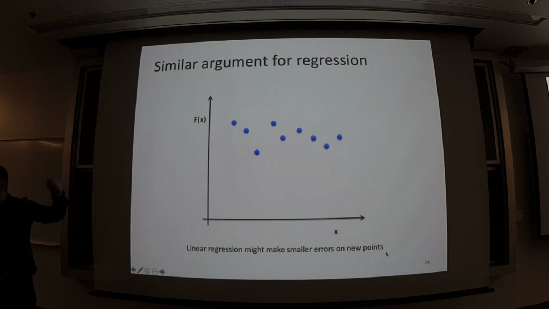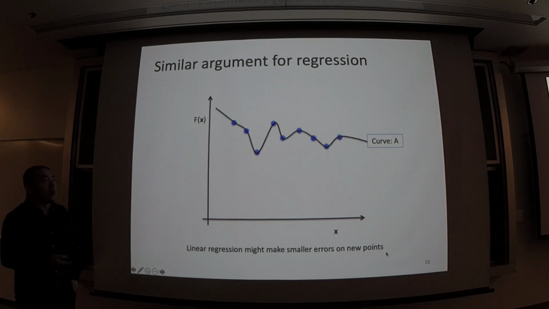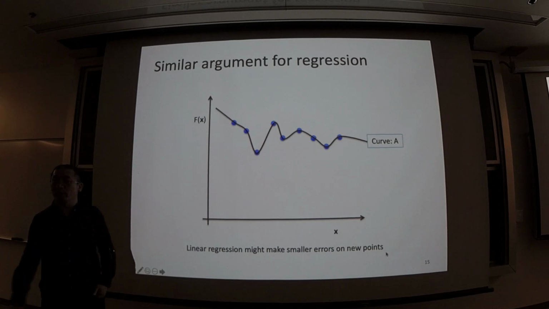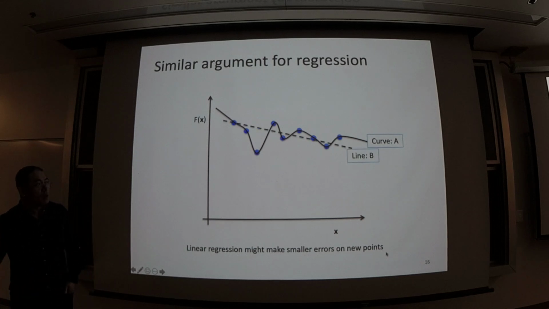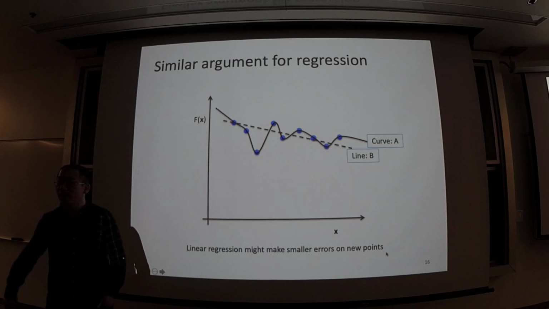Similar things happen for regression. Suppose this is my training set. The y values, the outputs, are continuous values. I can choose to use, say, a polynomial curve, which perfectly fits every training point and goes through every training data point. It looks good, but if I use a line, I cannot perfectly fit every training point.